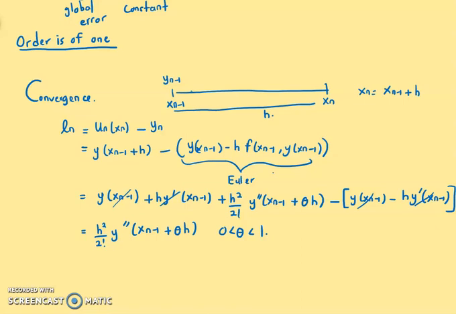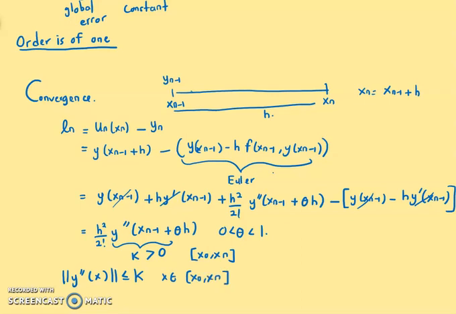If the second derivative is bounded by some constant k greater than 0 on this interval, then the second derivative is less than or equal to k for all x in this interval.